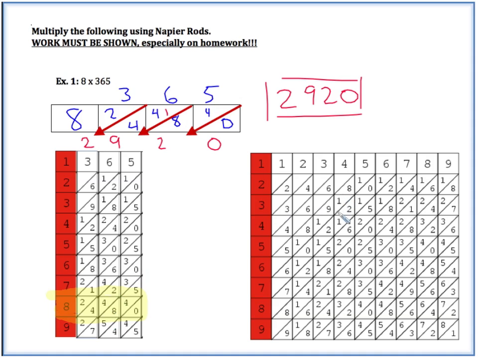Now if you don't have rods, you're just going to have to highlight the ones that you're looking for. Okay, so the 3, the 6, and the 5, and then cross-reference that with an 8. So we have them there, and you can write them right up here before you add.